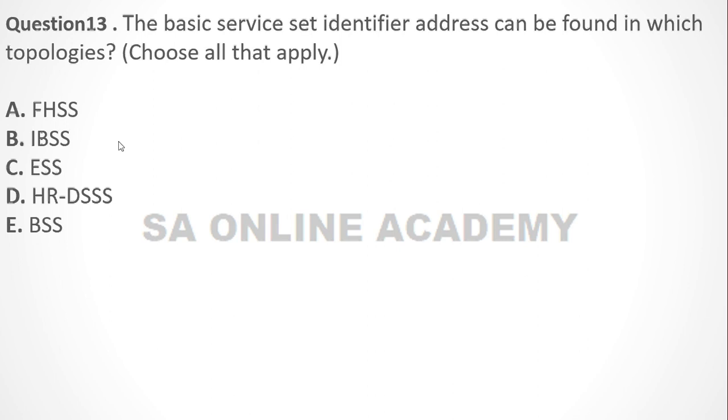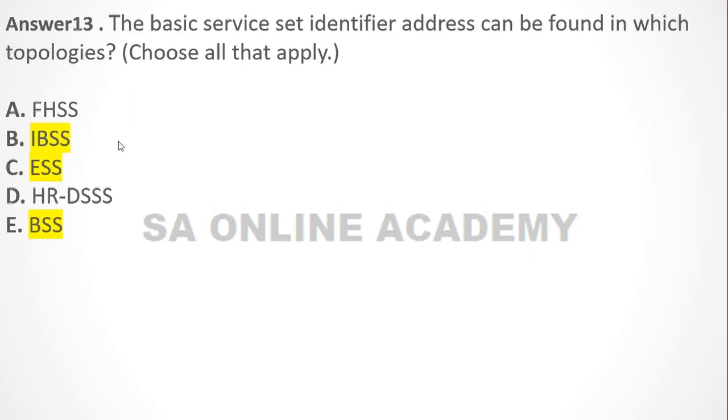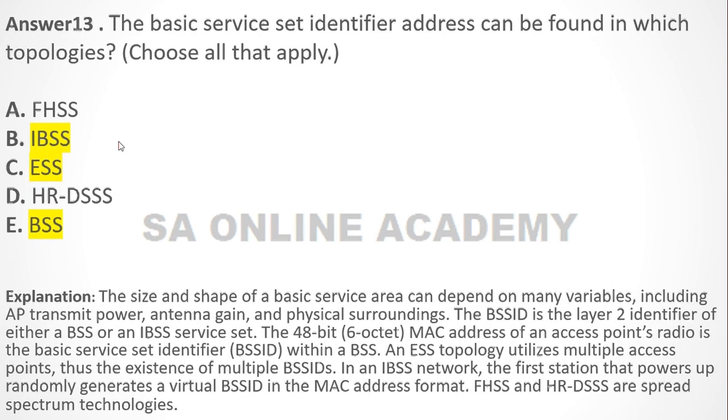The basic service set identifier address can be found in which topologies? BSSID. Option A FHSS, B IBSS, C ESS, D HR/DSSS, E BSS. The right answer to this question is B, C, E. The size and shape of the basic service set area can depend on many variables, including AP transmit power, antenna gain, and physics.